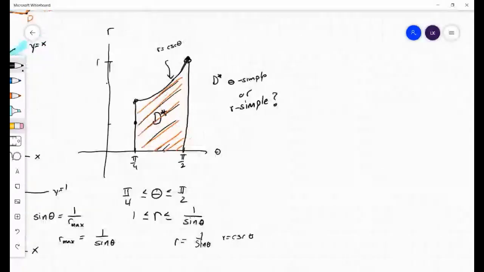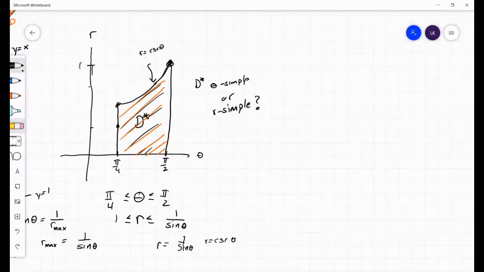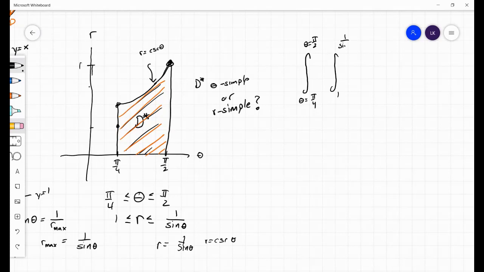Now I'm not going to do the Jacobian thing here. We'll just use the fact, because I'm going to move on to that. So theta goes from pi over 4 to pi over 2, and r goes from 1 to 1 over sine theta.